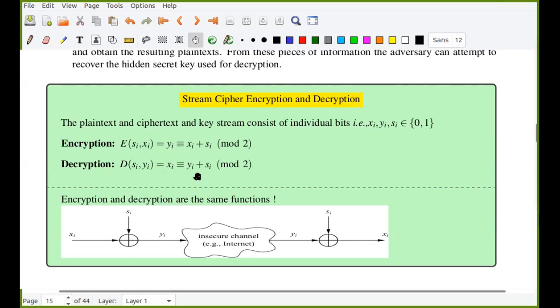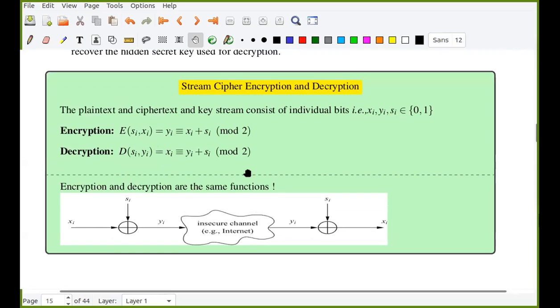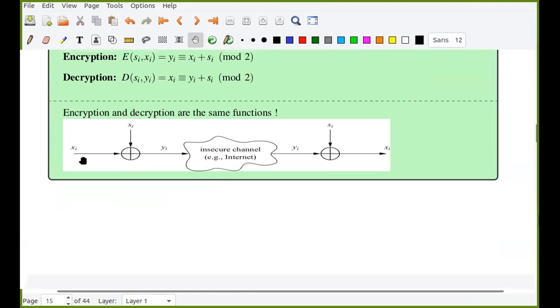What is decryption? Same thing. Again we add si to it. So there is no difference at all; encryption and decryption are the same function. Xi is the input, si is the secret key, yi is the output. For decryption, yi is the input, and I add the same si to get xi.